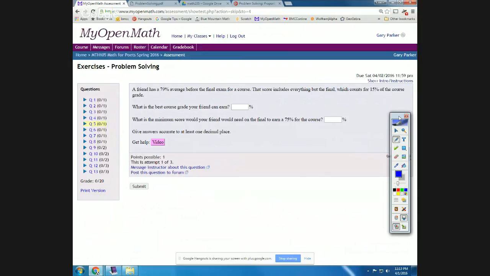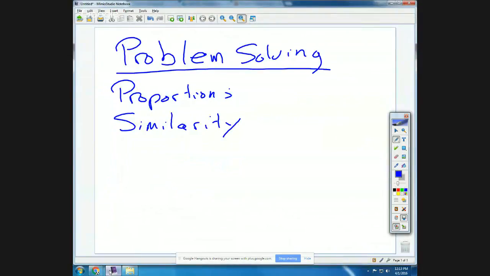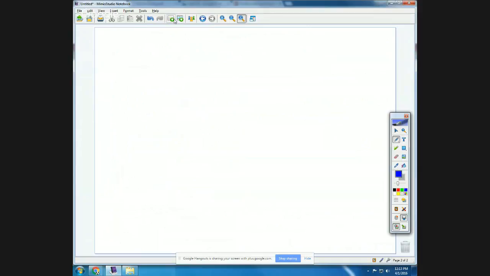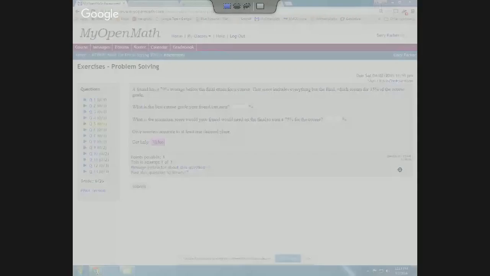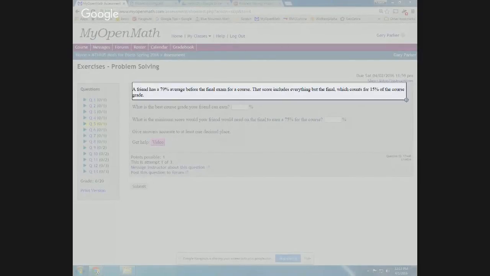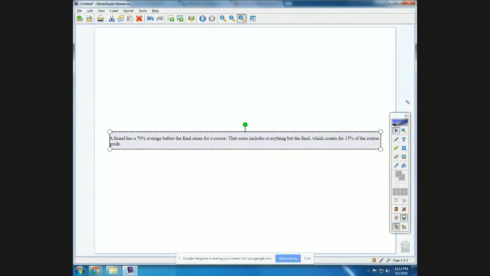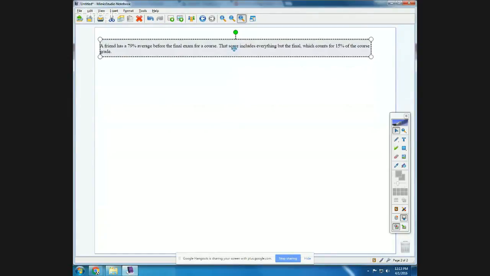Okay, let's copy some of that information into my sheet. I need a new page. All right, so here's the information we have.